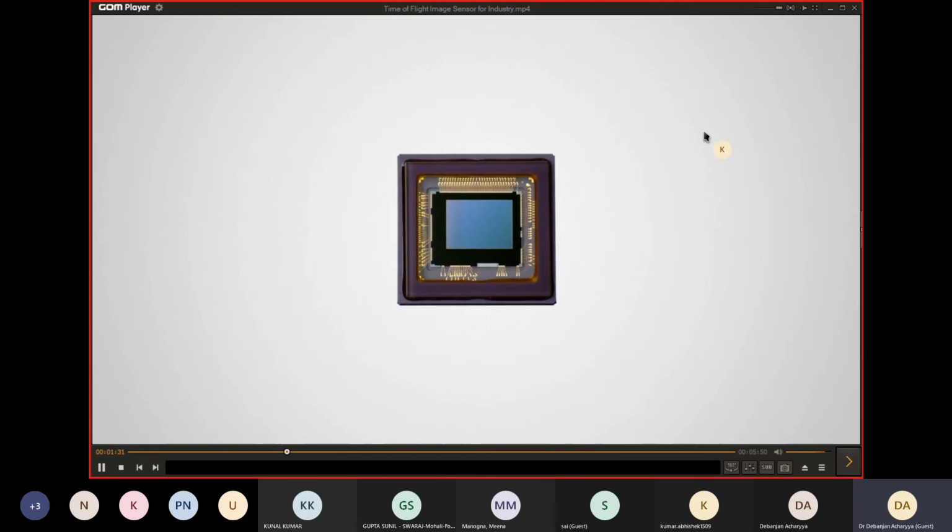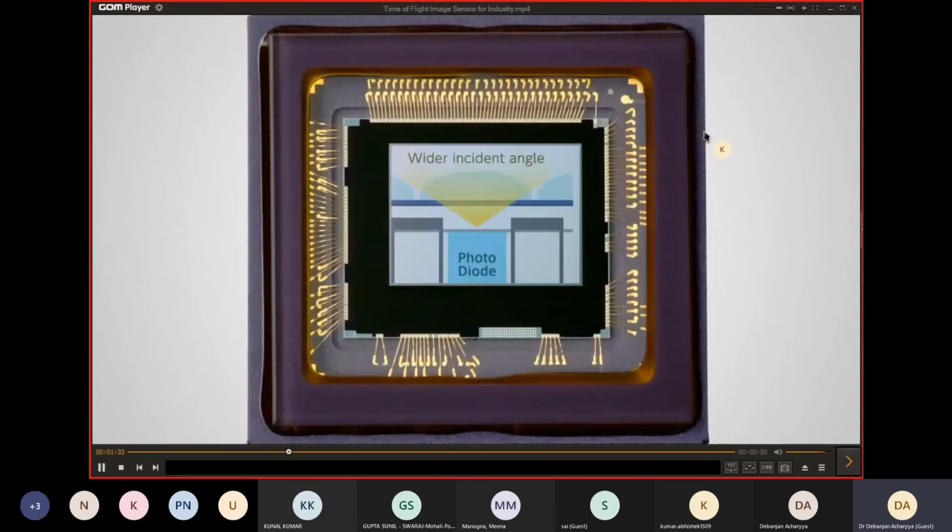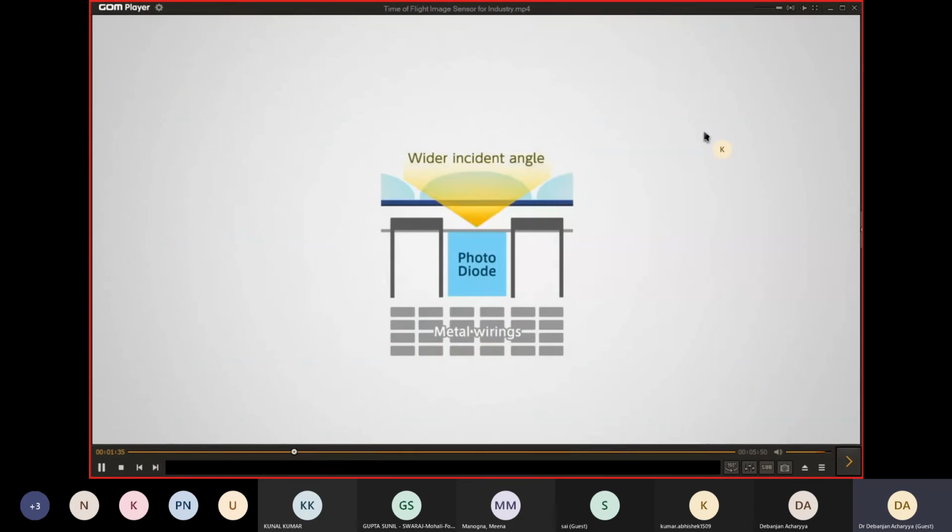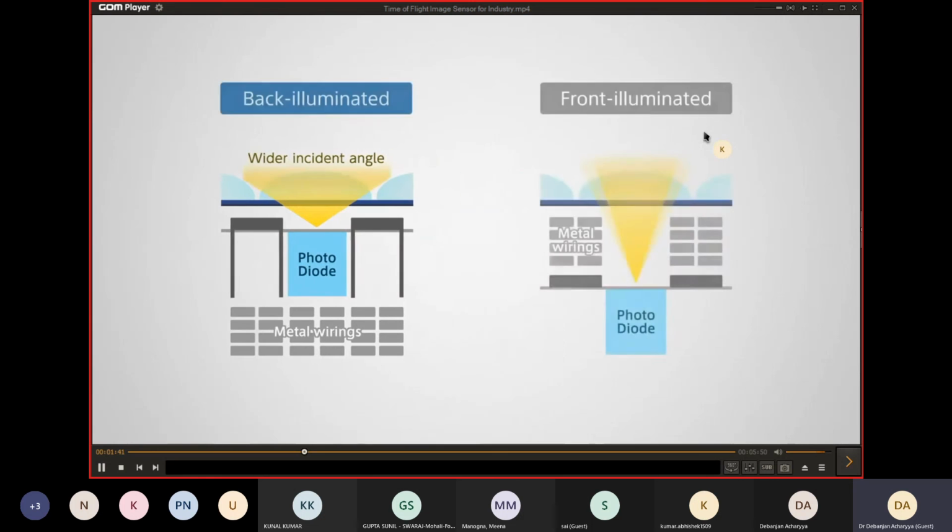Let's see what makes Sony's sensor so unique. The key of TOF sensing accuracy is how to capture reflected light efficiently. Sony produced the sophisticated TOF sensor by combining two Sony technologies. Technology to detect reflection light accurately, and a back-illuminated CMOS image sensor.